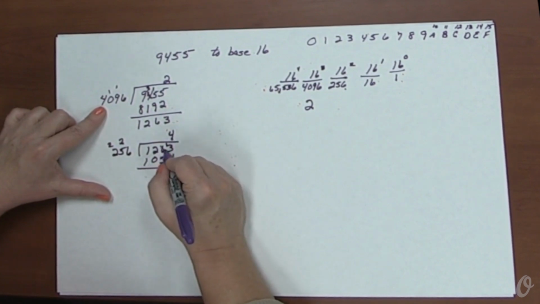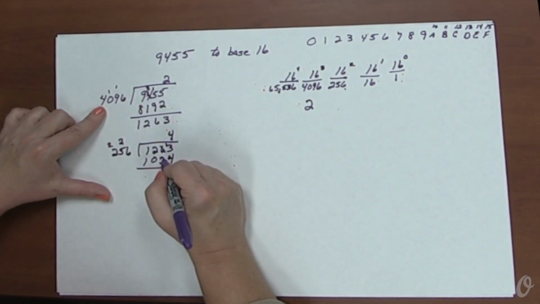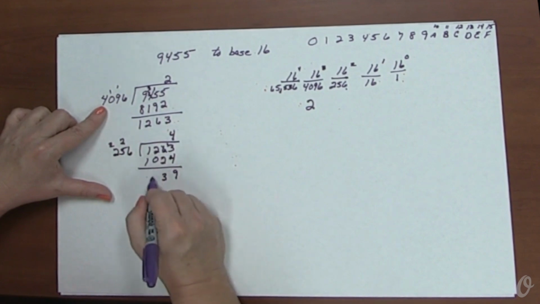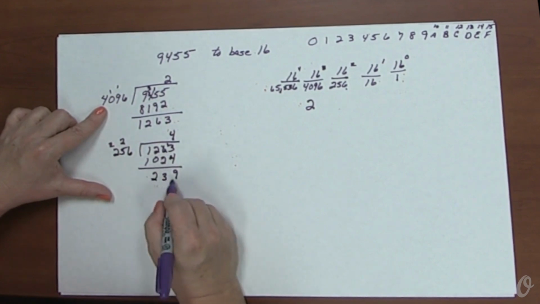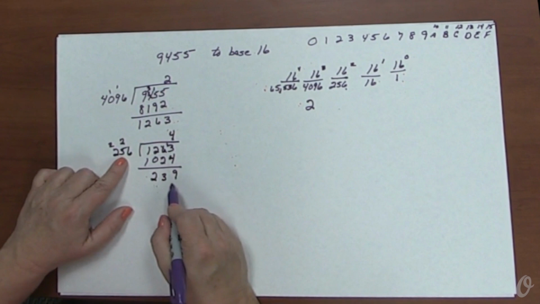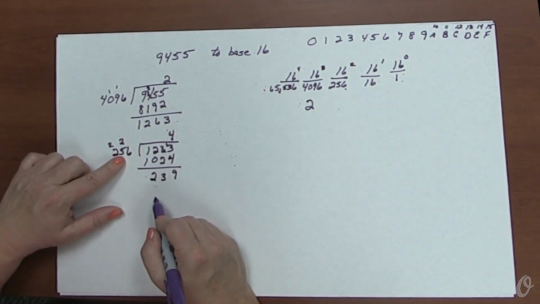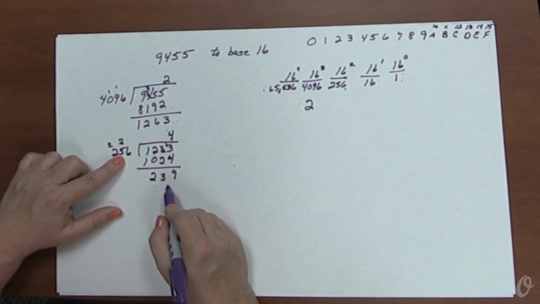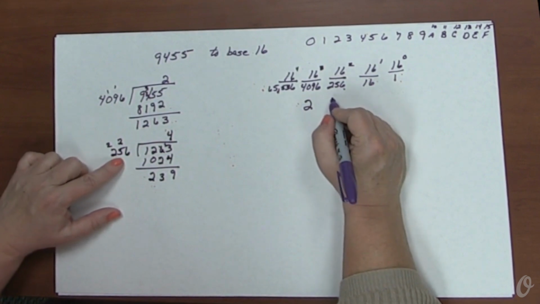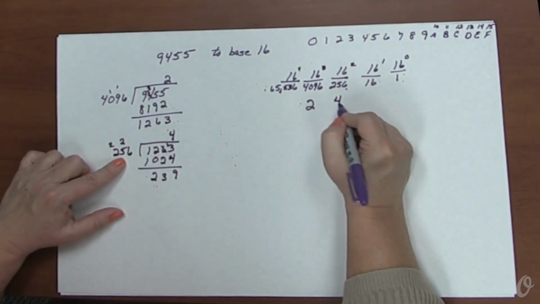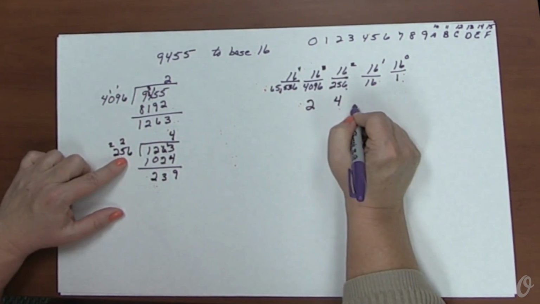When I borrowed here, that made it 5. 5 minus 2 is 3, and this gives me 239. And I want to check, as long as this number is less than 256, I know that I must have divided correctly. In 256, I have 4 groups of 256.